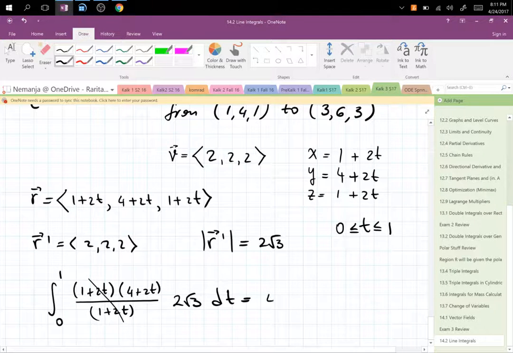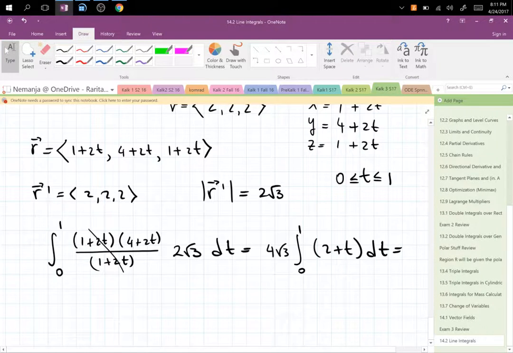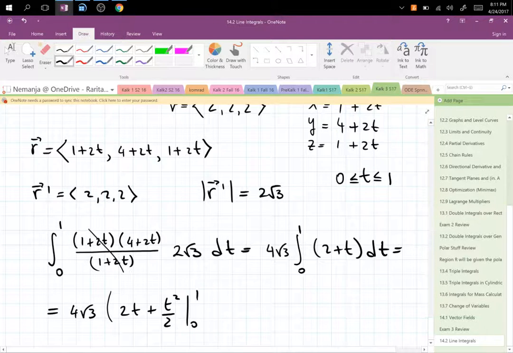So I can kick out 2 from the parenthesis inside, times 2 is 4 root 3, integral 0 to 1 of 2 plus t dt, which is further equal to 4 root 3 times 2t plus t squared over 2 from 0 to 1. So 4 root 3, which is now 2 plus 1/2. 0 kills everything.